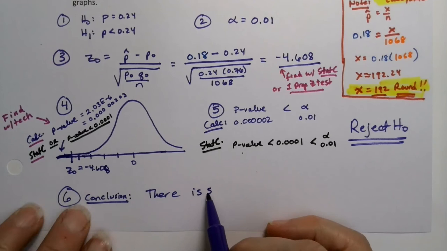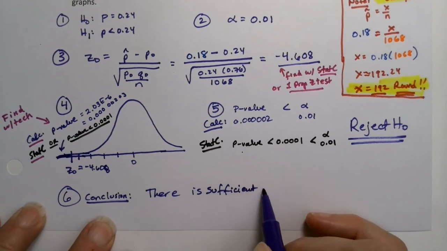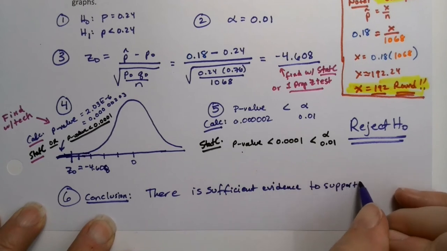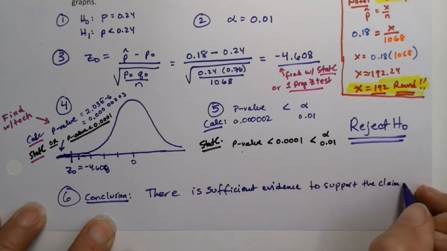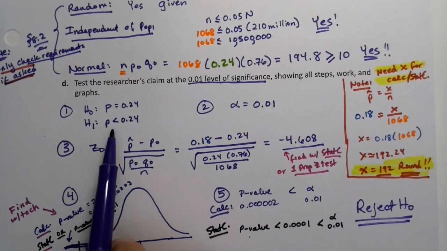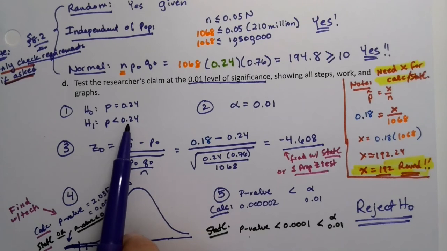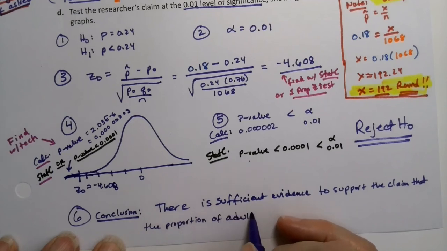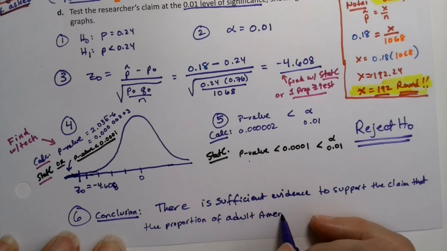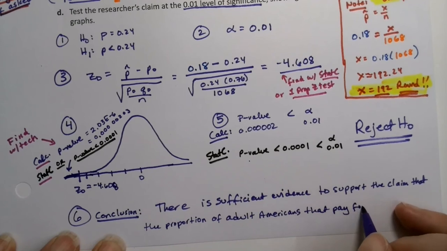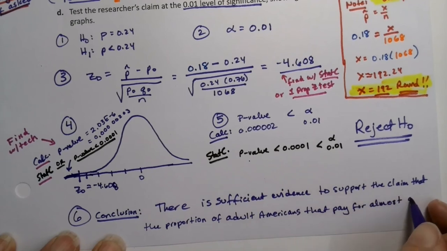There is sufficient evidence to support the claim that, now what were we trying to claim? The proportion of adult Americans that pay for almost all their weekly expenses with cash.